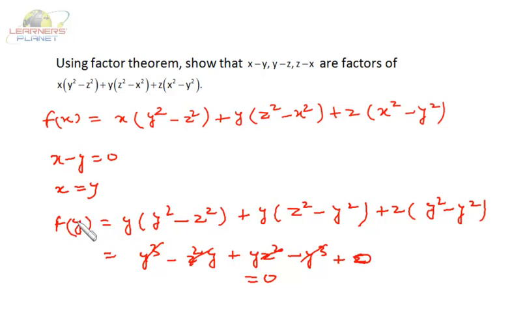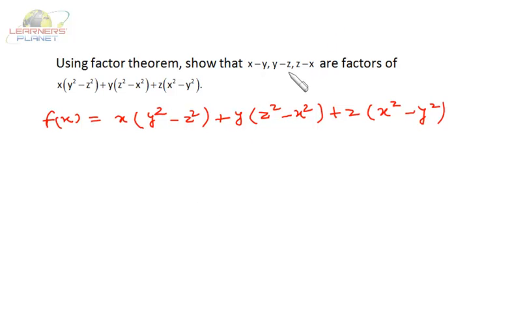Okay, so by putting x is equal to y, we are getting the value of this expression as 0. That means x minus y is definitely a factor of f(x). Okay, now let's do the same working for y minus z.